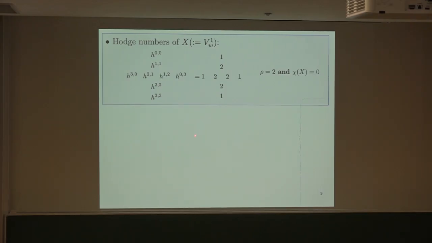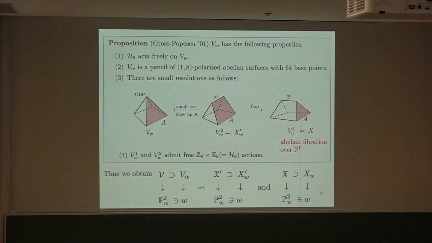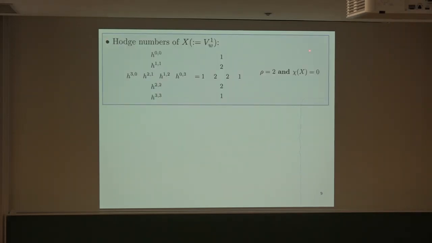Now I introduce the Calabi-Yau notation: this side is V2, this side I call V1. Both are the same thing, but I mostly focus on the V1 part, X from now on. And then, the Hodge numbers.